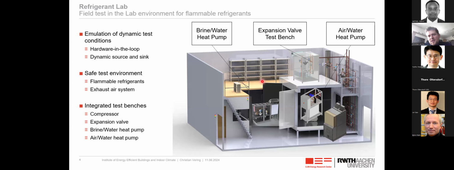The heart of our team is the experimental facility, which is called the Refrigerant Lab, in which we implemented the field test in the lab concept, and we handle herein flammable refrigerants in a fully automated manner. So we are able to emulate dynamic test conditions, which follows the hardware in the loop principle, and we have dynamic boundary conditions for source and sink side.